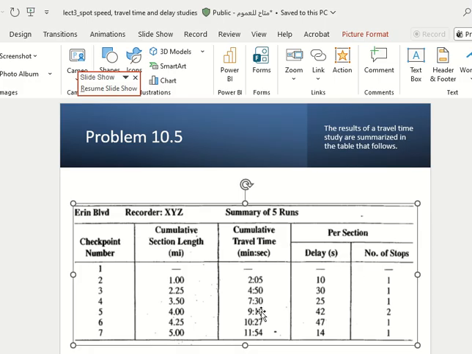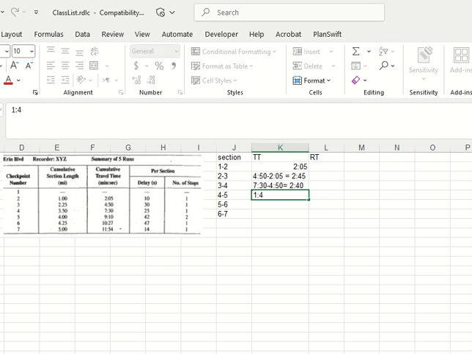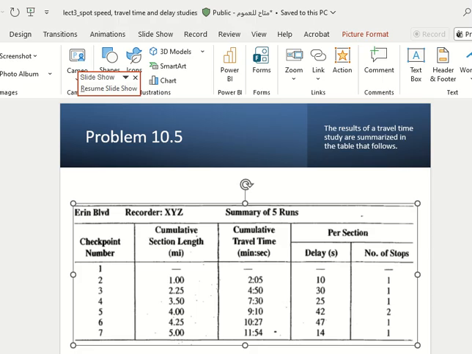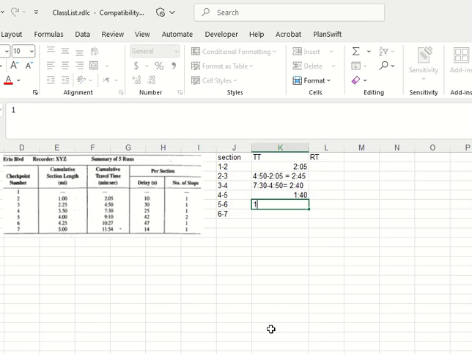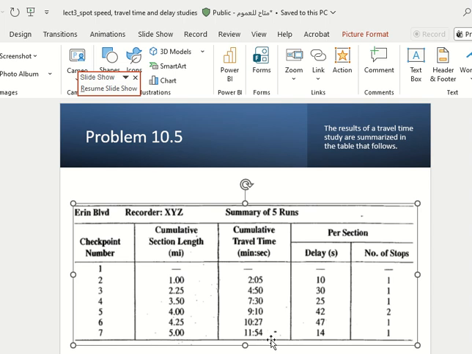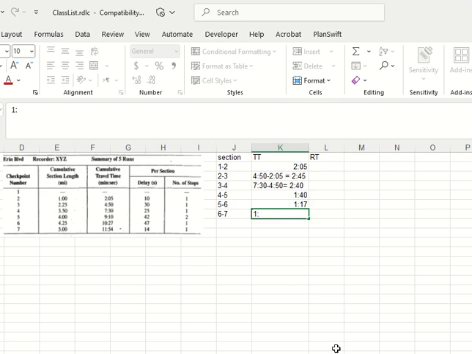The next one is 910 minus 730. So 9 minus 7 is 2, and 210 minus 30 will be 140. Then 1027 minus 910 will be 117, and then 1154 minus 1027 is 127.